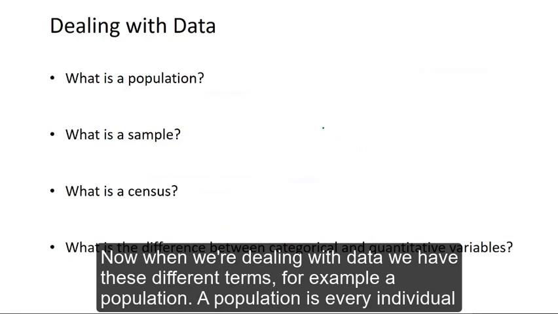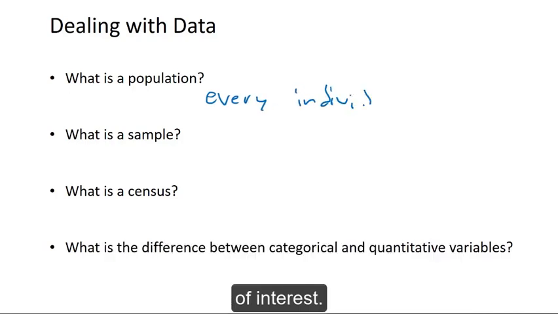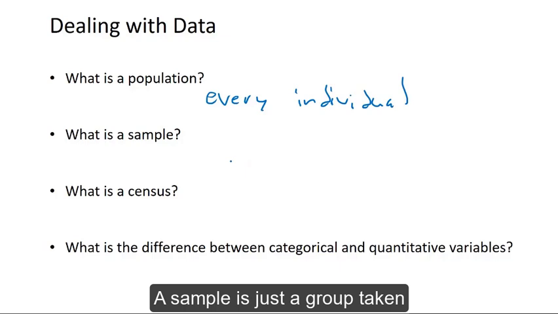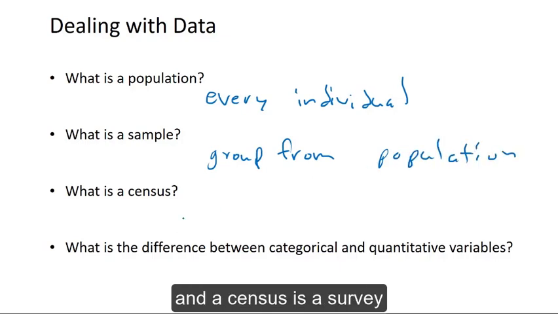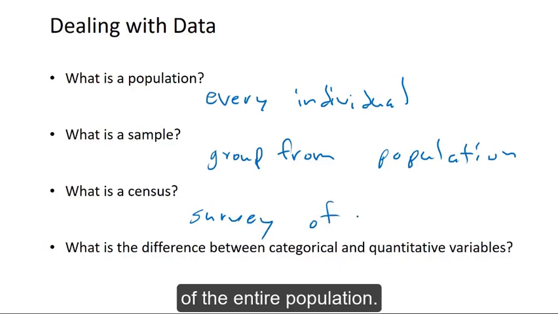Now, when we're dealing with data, we have these different terms. For example, a population. A population is every individual of interest. A sample is just a group taken from the population. And a census is a survey of the entire population.